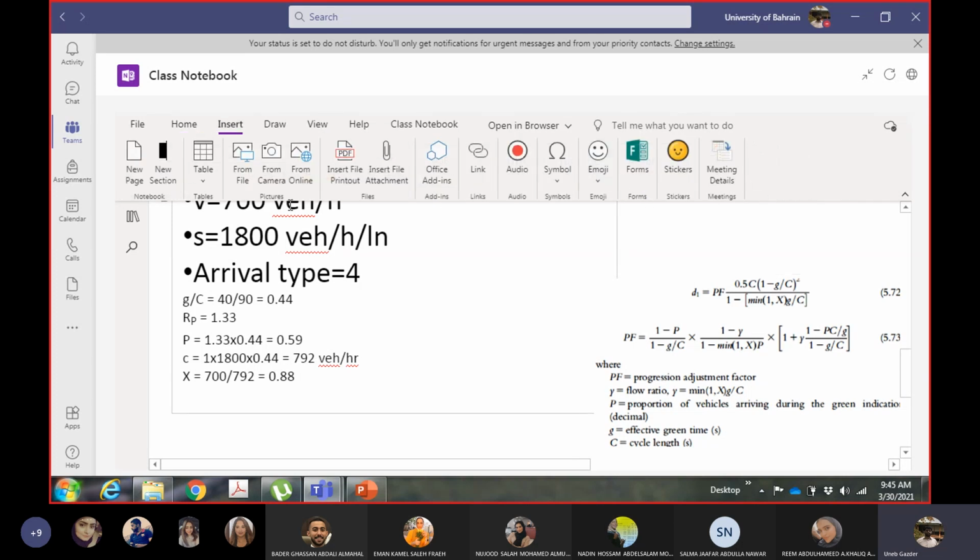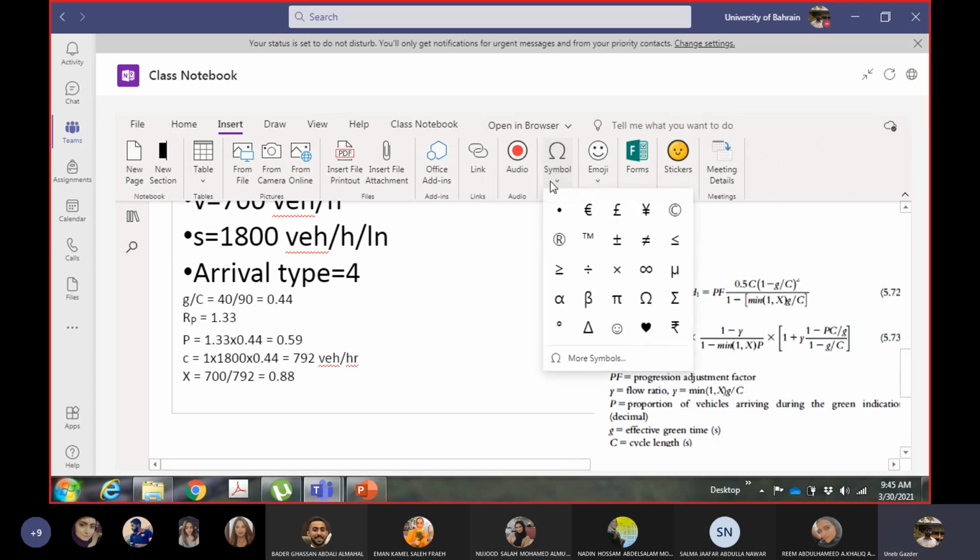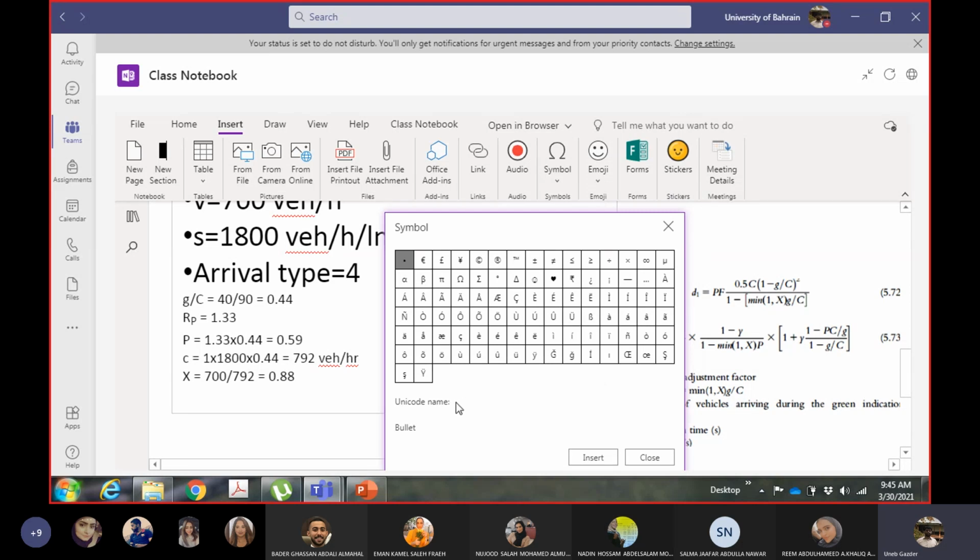Do I have a gamma symbol here? 0.88 into 0.44. How much will that be? 0.387.